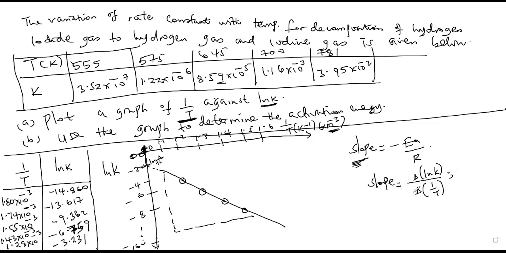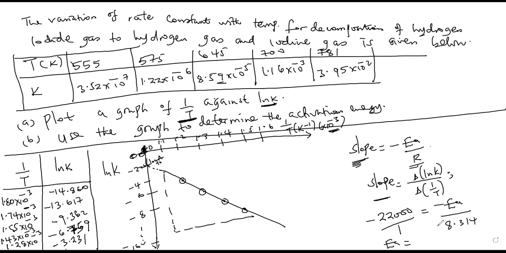After getting the slope, you work it out with this, because you already know what R is. R is 8.314. Let me assume that the slope is negative 22,000. It is equal to negative EA out of R, which is 8.314. By cross multiplying, you get your EA.